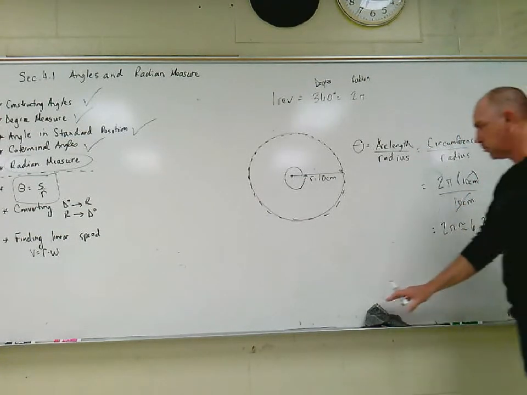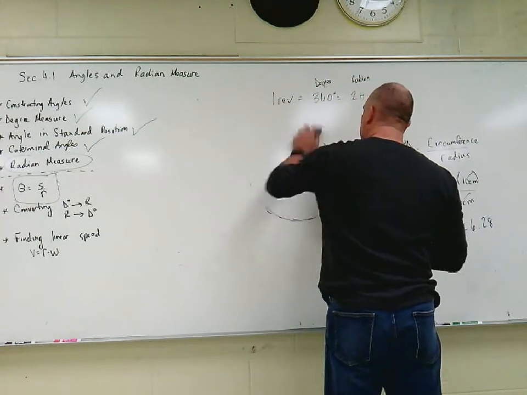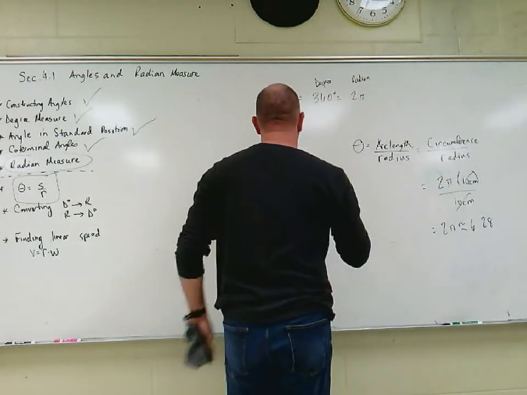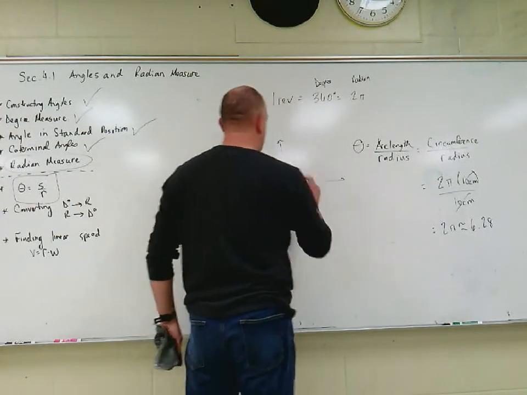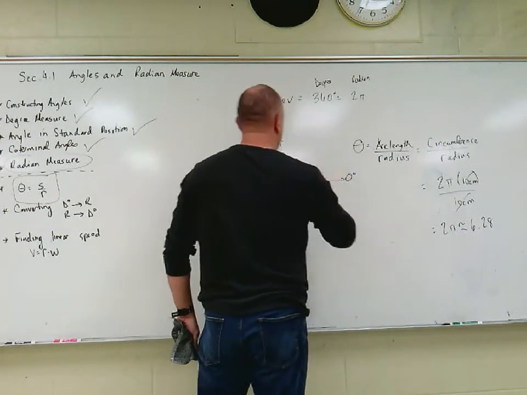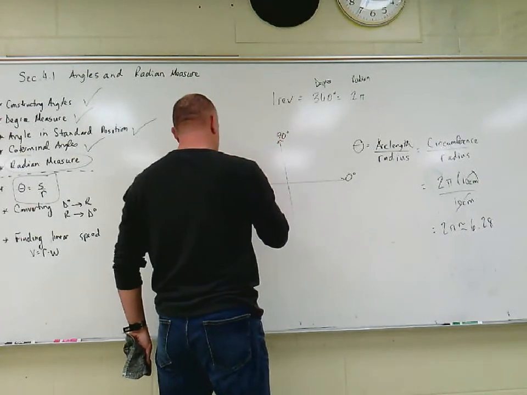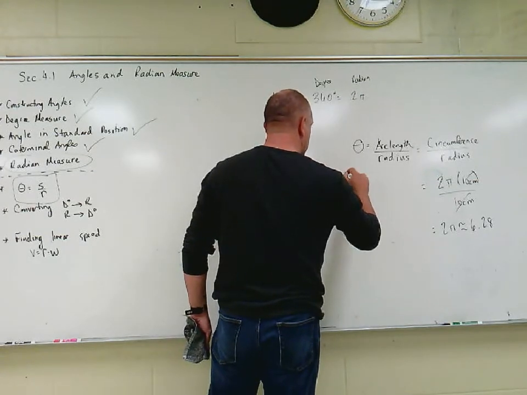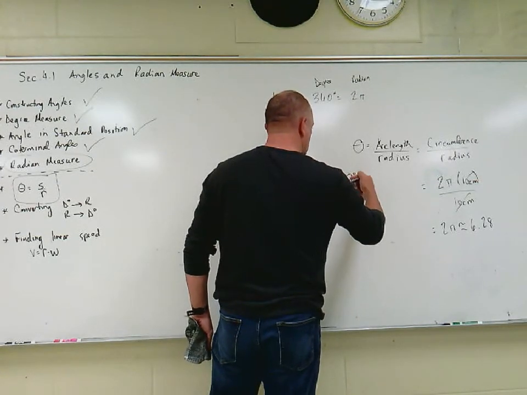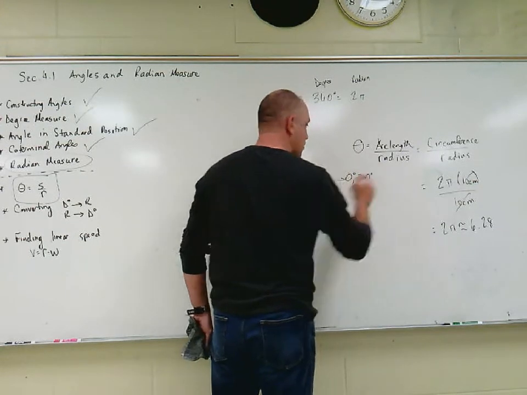Now we can kind of look at converting other angles that we know a little bit more formally into radian measure. So, and we'll just use our standard position, and we'll use our 0, 90, 180, 270. And so right now we know that this angle is 0 degrees, or if we go one revolution, it's 360, and 360 and 2 pi are the same angle.